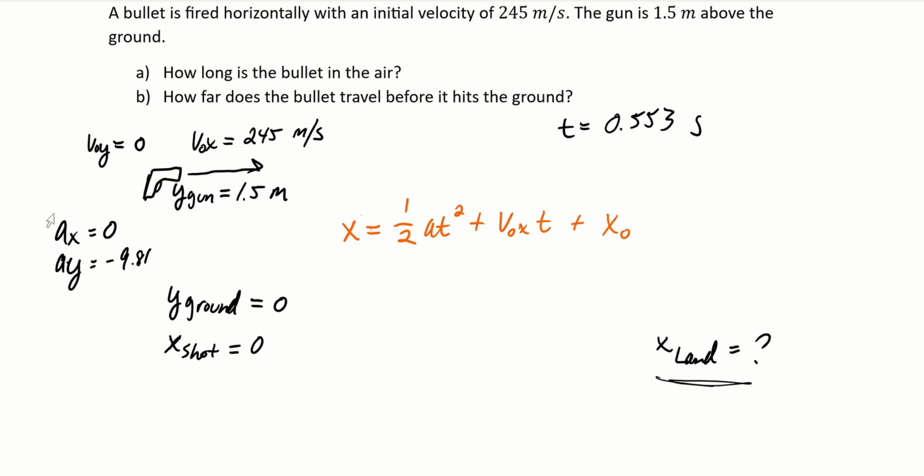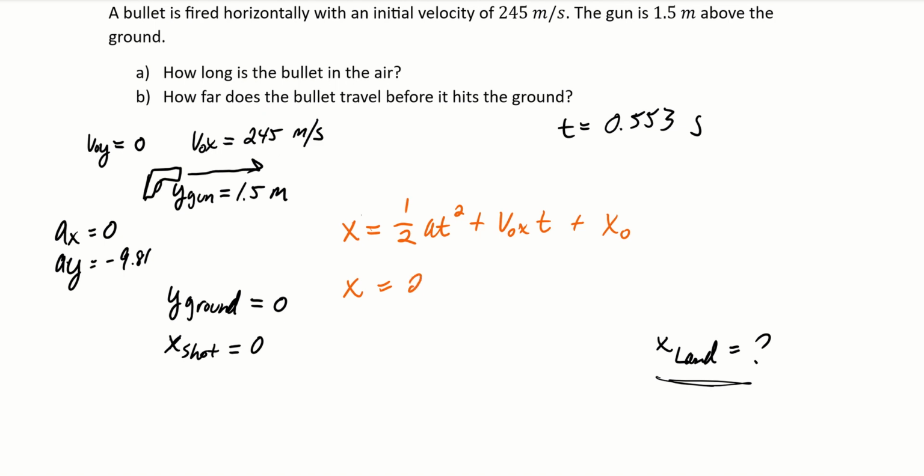The other thing we can drop is we know that acceleration in the x direction is 0. So this whole term is multiplied by 0, so we don't even need to worry about it. I don't know my final position, which is the landing spot, but I do know my initial velocity, which is 245 meters per second.